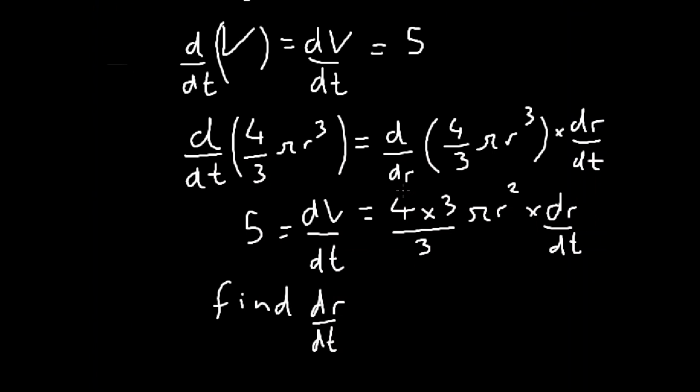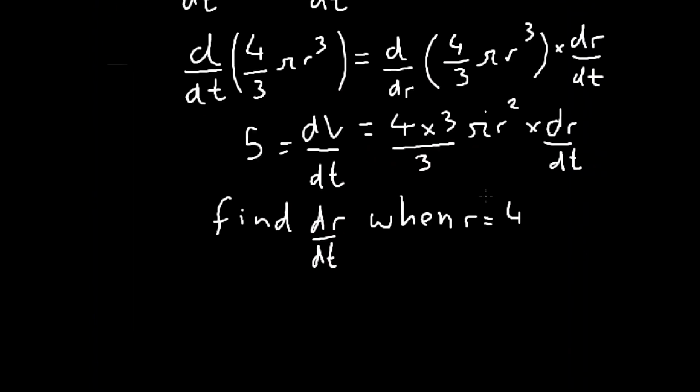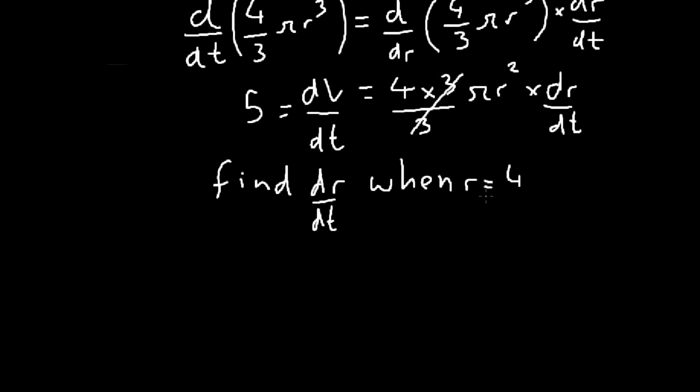So find dr/dt when r is equal to 4. So hopefully I'm going to draw out the entire equation again, but this time I'm not going to have any of the dV's or anything in there. So it's 4 pi r squared times by dr/dt.